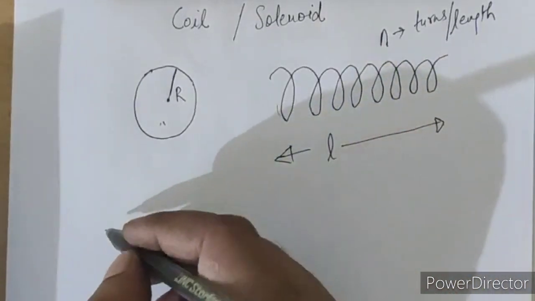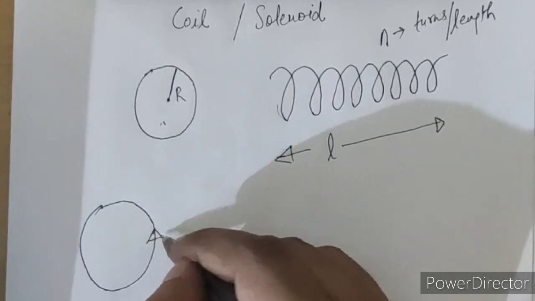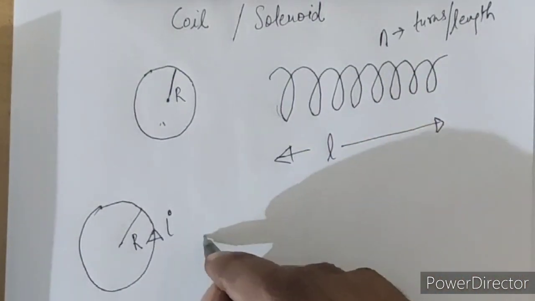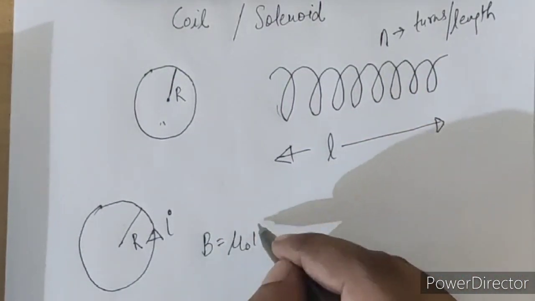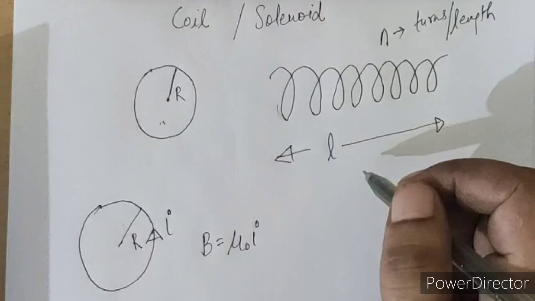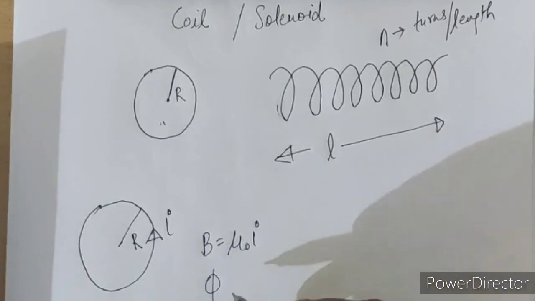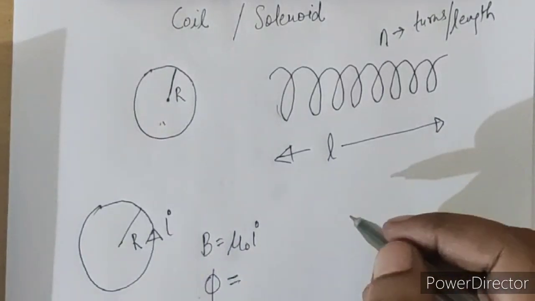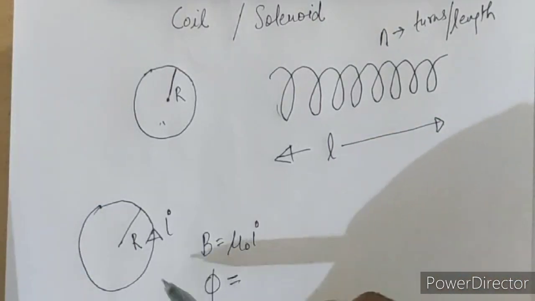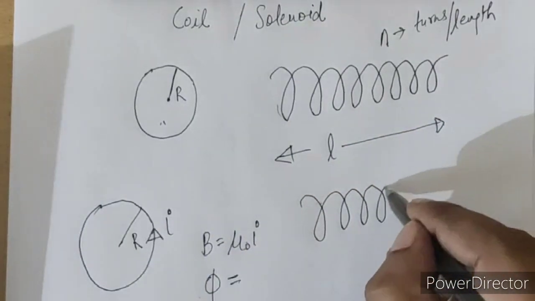So let's talk of the magnetic field first. If we have a coil and say we have a certain current I flowing in this, we know that the magnetic field will be something like mu naught I. Maybe let's talk of the solenoid first.